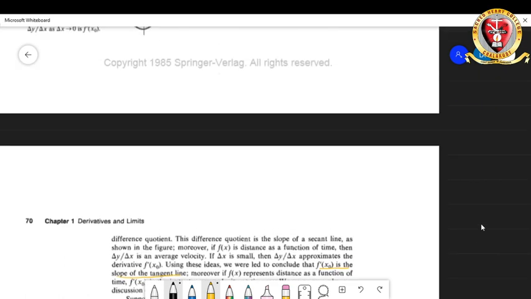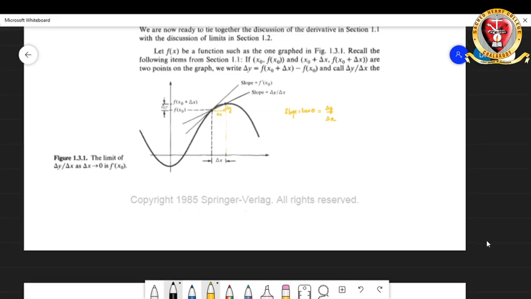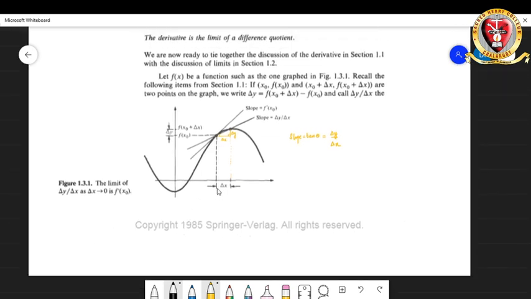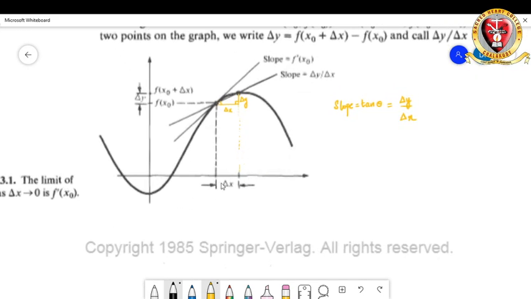So when we are talking about the same function, and suppose this delta x is made closer, as you can see in the figure, it is made lesser and lesser here.